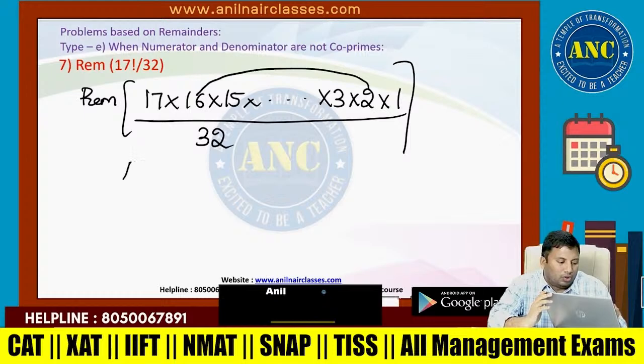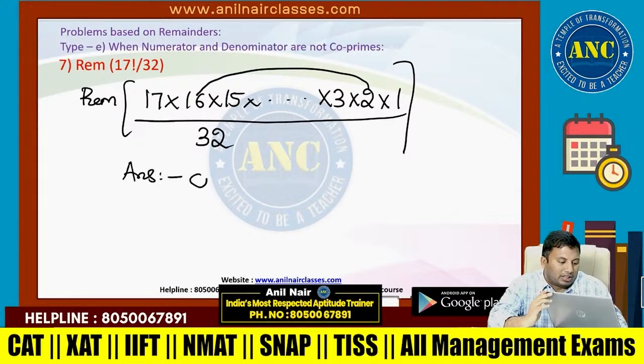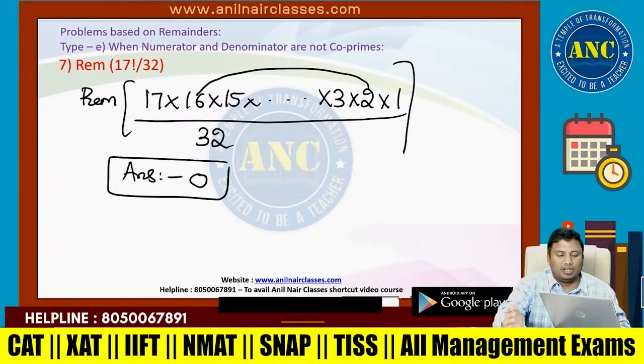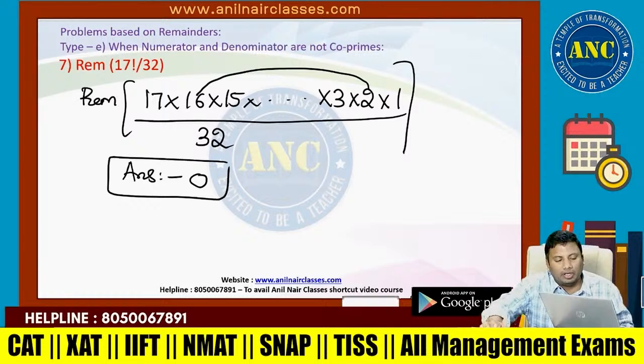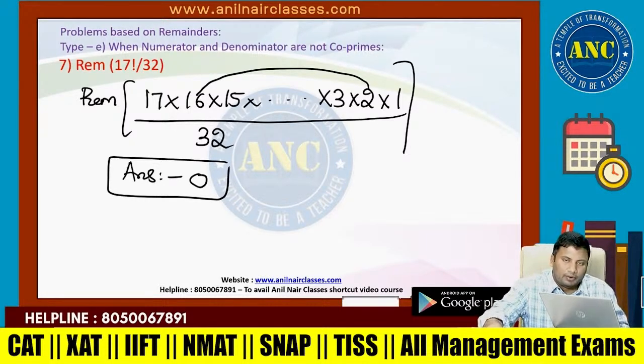When you divide 32 into any number by 32, the remainder will be 0. I hope the idea is clear.